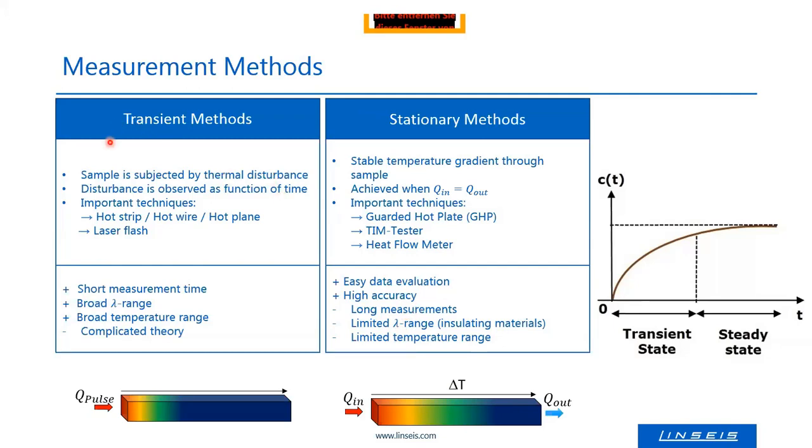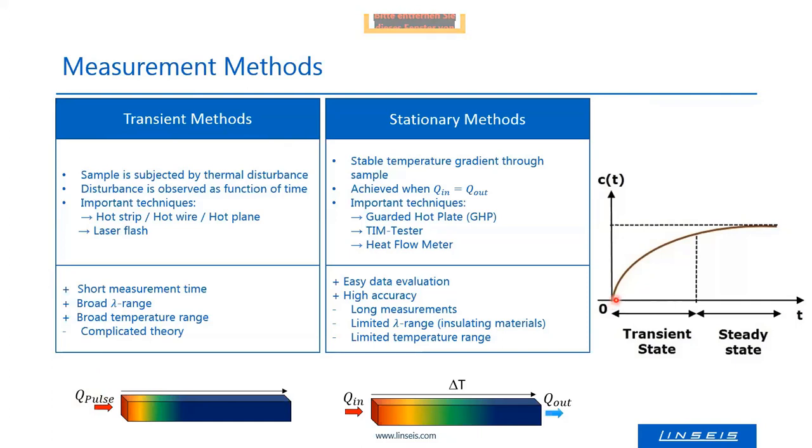The other possibility to measure the thermal conductivity is not to wait for a constant gradient. The transient methods measure instantly. So you apply a heat source to your sample, the heat spreads within your sample, and the measurement starts immediately after you apply the heat source.